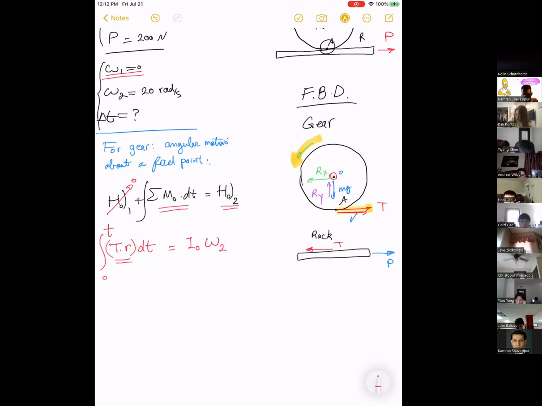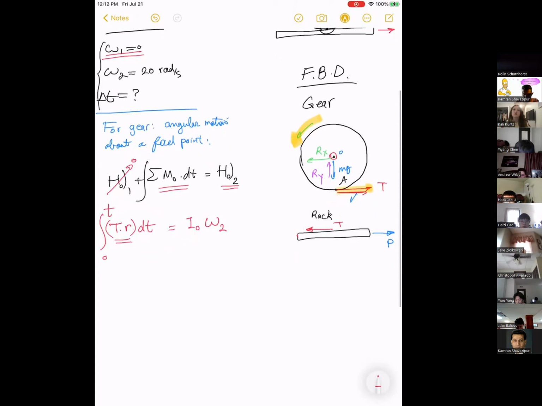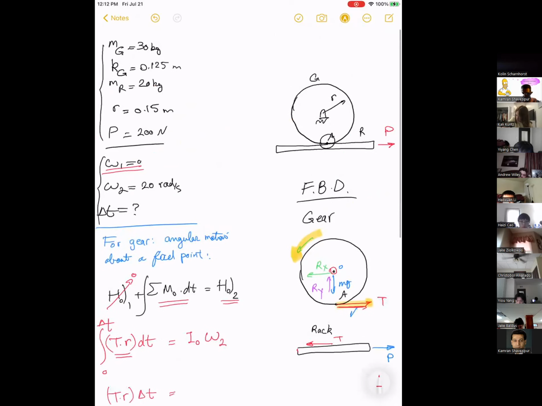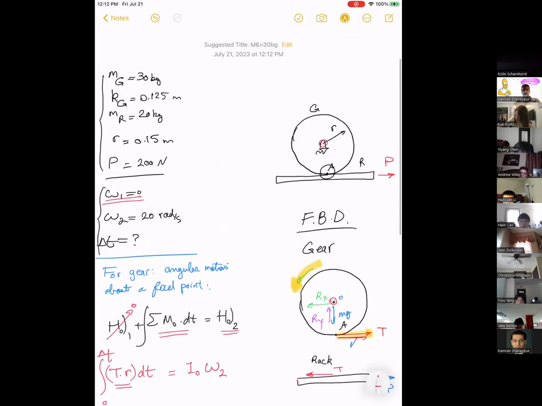Because T and R are constant, you're going to get T times R times delta T equals I about O omega 2. And I'm going to substitute I about O here to make it one step, less writing. How much is the moment of inertia about O for the ring, for the gear?